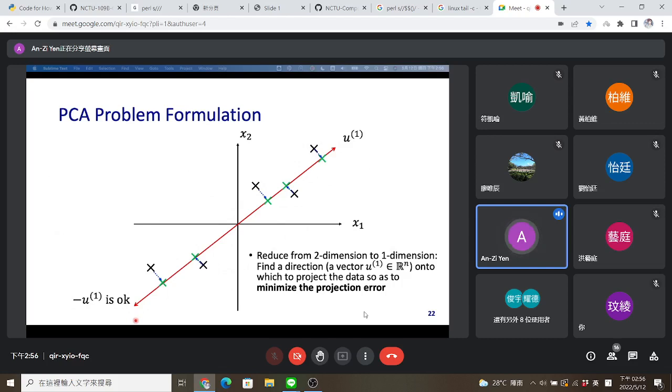So we want to find not just a single vector to project the data, but k directions onto which to project the data. And the goal is to minimize the projection error.